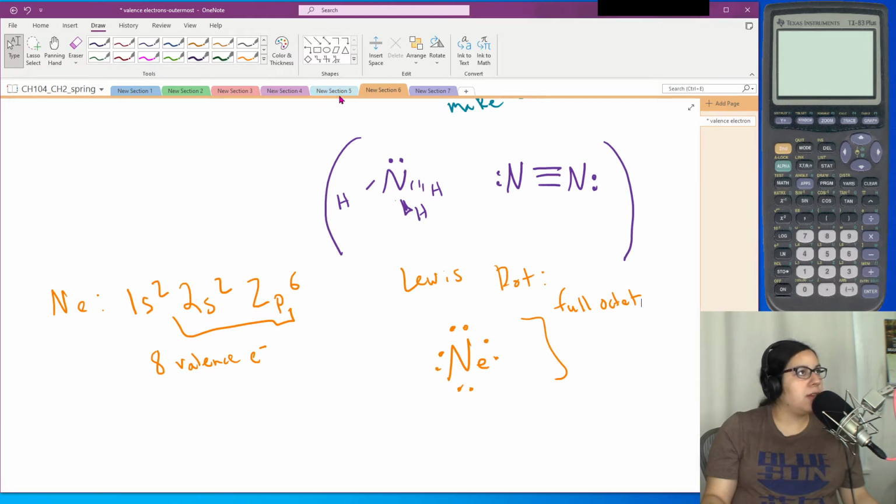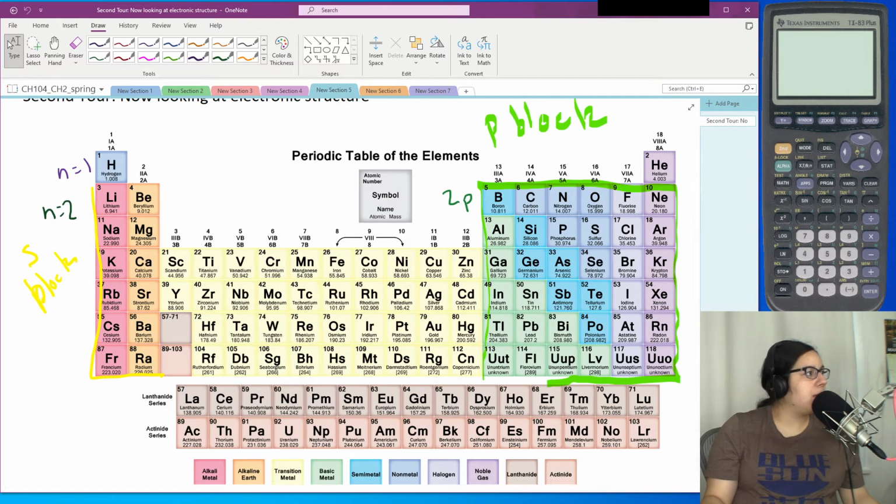So now let's look over at the periodic table and kind of continue. And so, as you're probably starting to feel, this is going to get slightly tedious as we go down the rows, right? Writing the 1s2, 2s2 every time. And so I always make jokes that chemists are lazy.